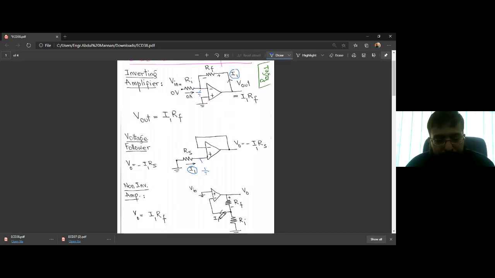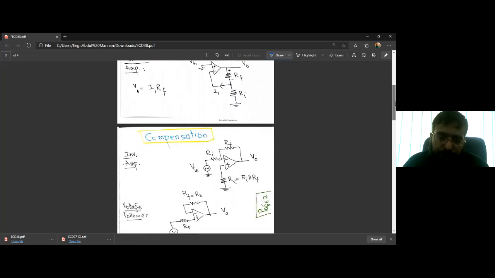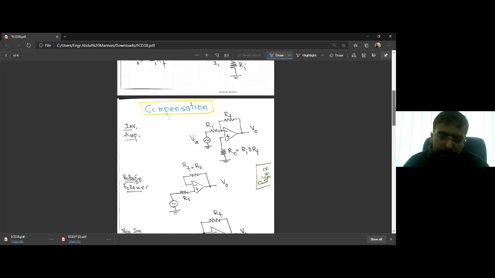But due to mismatch of transistors and due to leakage currents, we get a non-zero output, the error output voltage. So it's undesired in all three cases. In the next slide, we are going to study how we would compensate this error voltage Vout error.